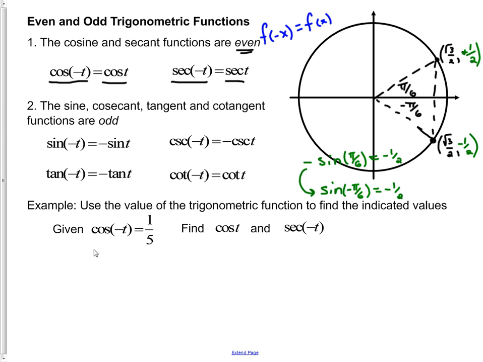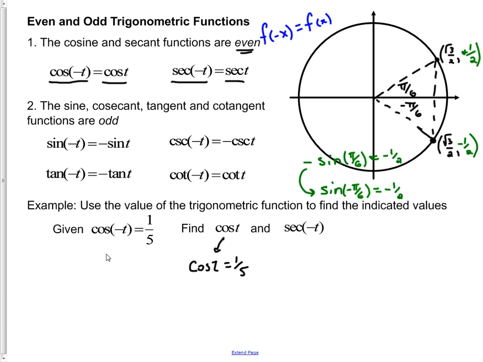So what could we say right here? Well, if we're given the value of the trigonometric function, let's say we're told that cosine of negative t was equal to 1/5. Since we know that cosine is an even function, then our cosine of t must also be equal to positive 1/5. How about secant of negative t?